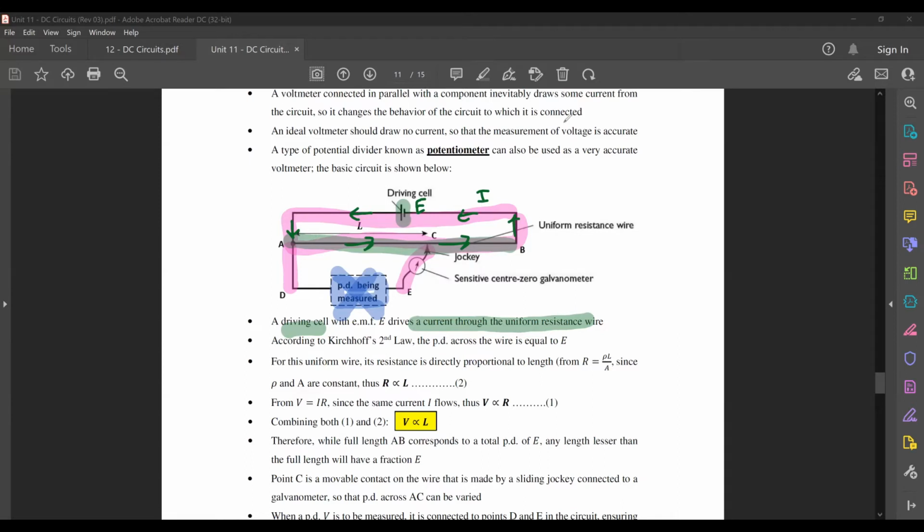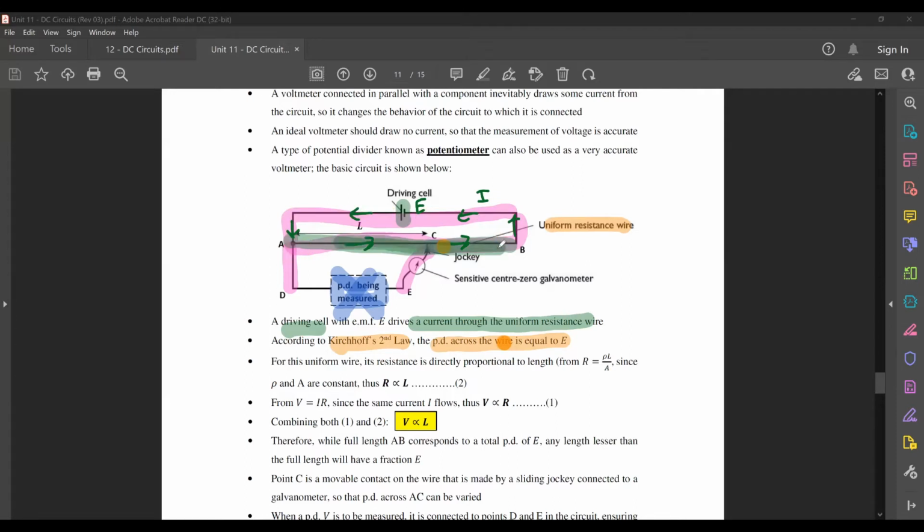Now, the wire here is talking about the resistance wire. I'm not talking about connecting wires. I'm talking about the resistance wire, so be very clear on that.